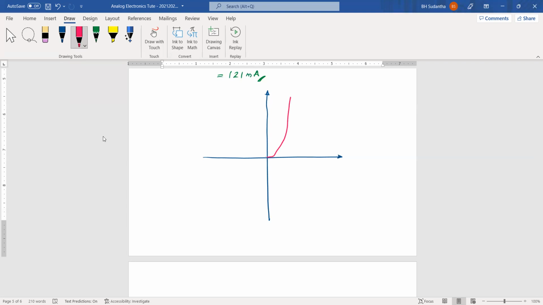This is the forward direction one, and here we can reverse bias the Zener diode.